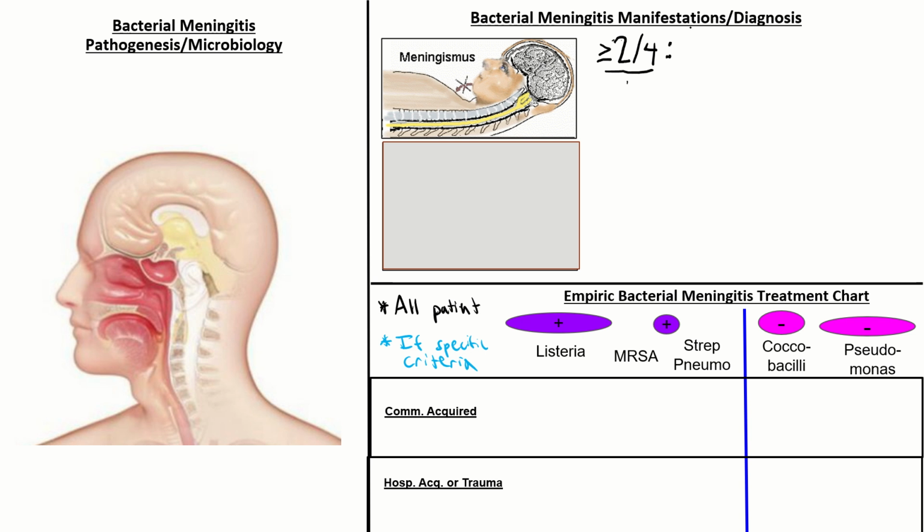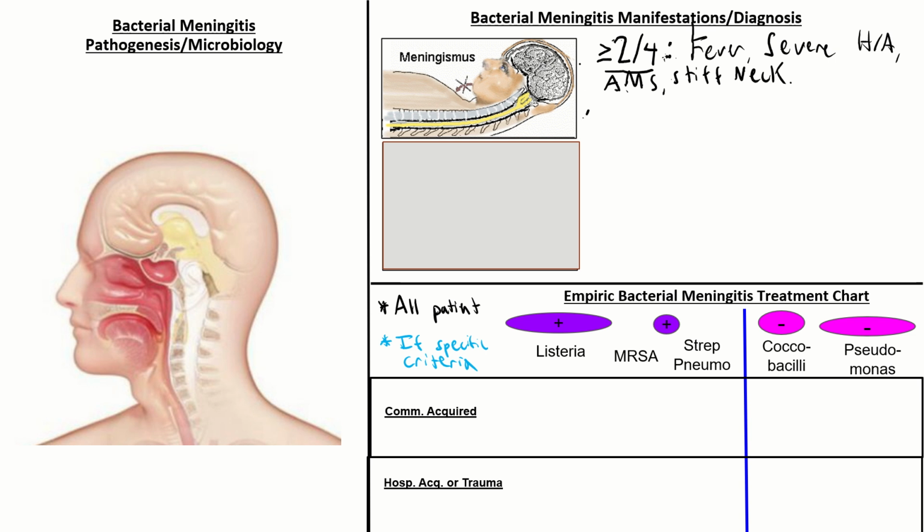The manifestations are going to be fever, severe headache, altered mental status, and lastly, meningeal stiffness, so stiff neck. All right, so 95% of patients will have 2 out of 4 of these. If they do have 2 out of 4 of these, or if you have a clinical suspicion for other reasons, you should really think about treatment of bacterial meningitis.